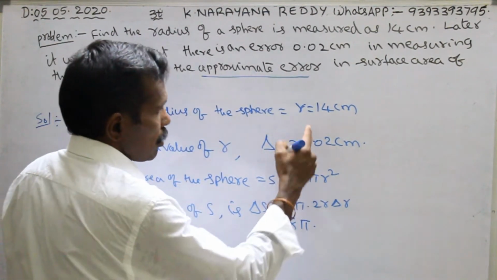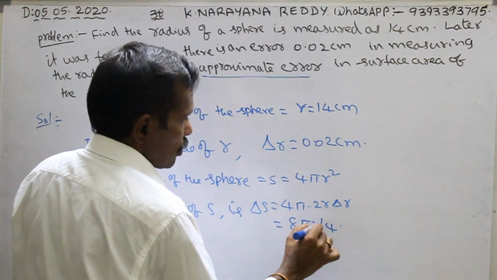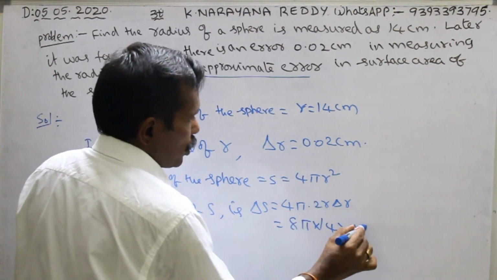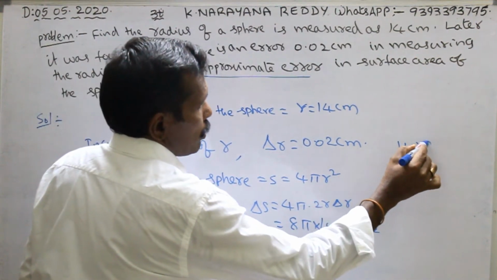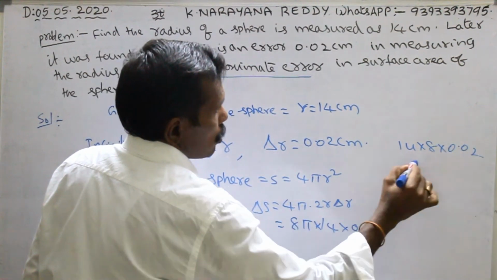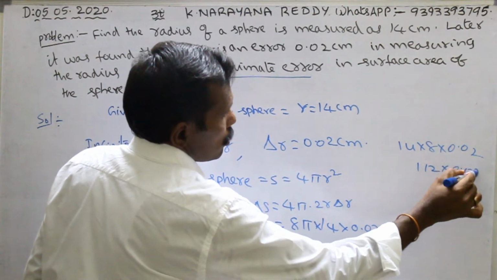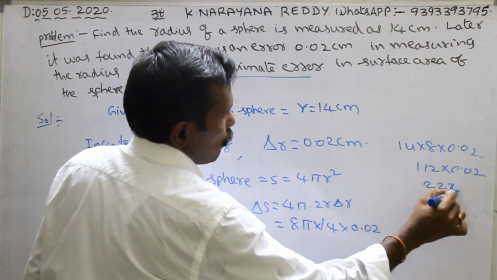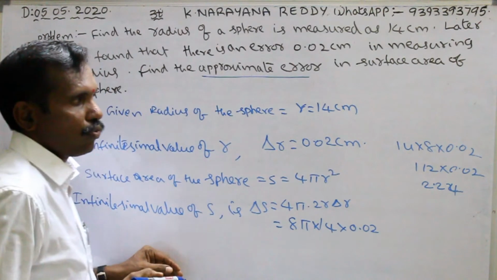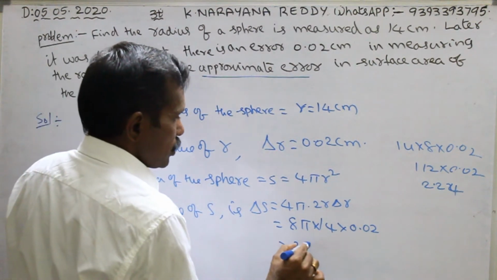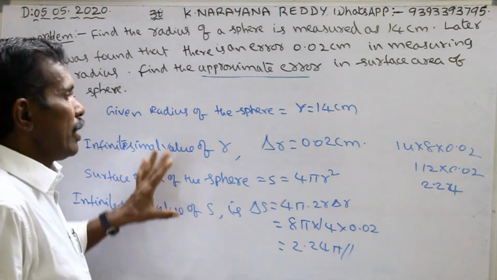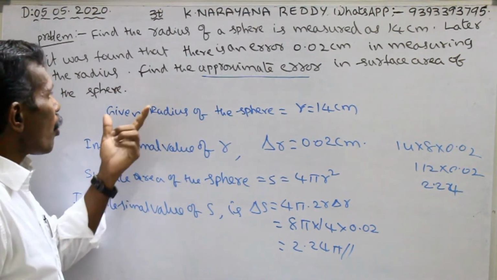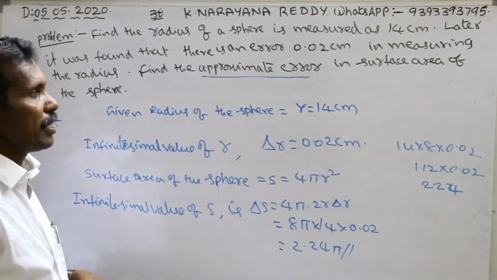What is R? 14. Del R is 0.02. Now 14 into 8 into 0.02. 112 into 0.02 is 2.24. That is the answer. In this way, you find the approximate error in surface area of the sphere.